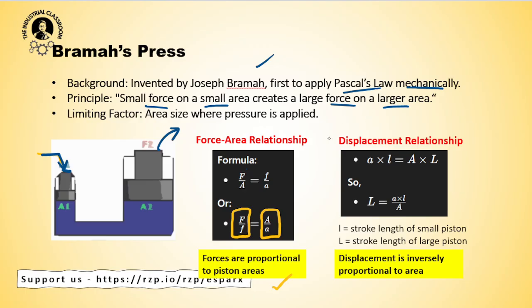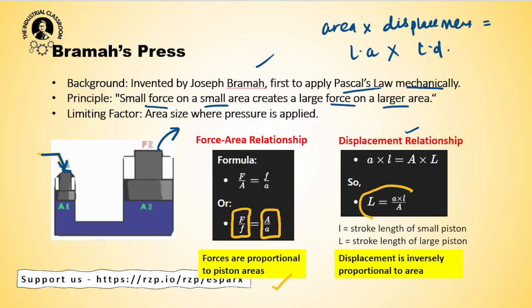Okay, next there is another relationship which we must know, the displacement relationship. Here we know that area into displacement is equal to larger area into larger displacement. By this method we can calculate the amount of displacement that will be done by the larger area.